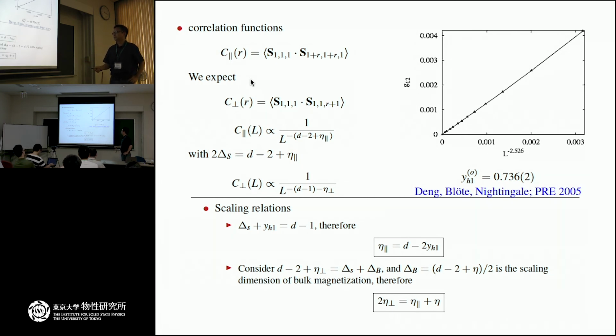And if you count this scaling dimension as the sum of the surface spin and the dimension of the bulk spin, which has this well-known scaling dimension, then you have this relationship between eta parallel, eta perpendicular and eta bulk.